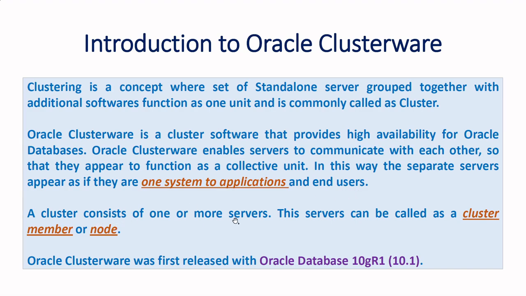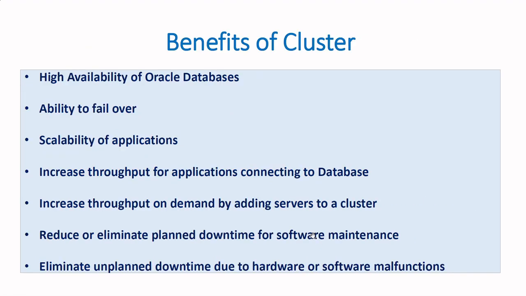A cluster consists of one or more servers. These servers are called cluster members or cluster nodes. Oracle Clusterware was first released with Oracle Database 10g R1. This is something you would like to know.